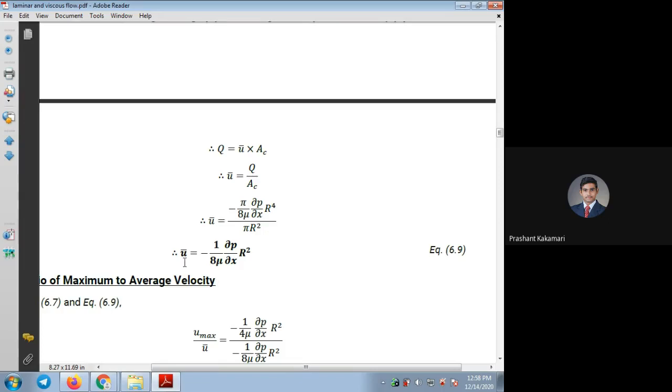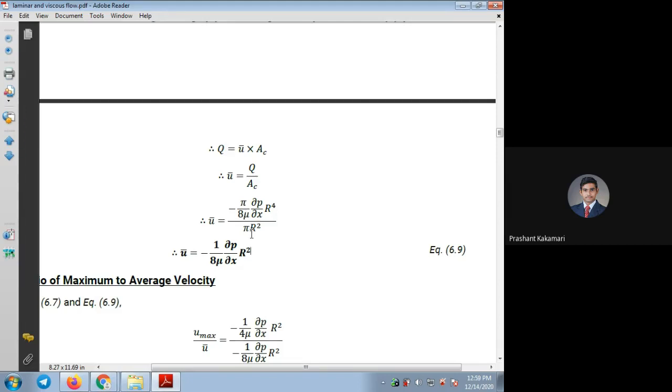Now you can see the magnitude of that average velocity is minus 1 by 8 mu dou P by dou x into R raised to 2. So R raised to 4 and R square, the square is cancelled, and pi is also cancelled here.